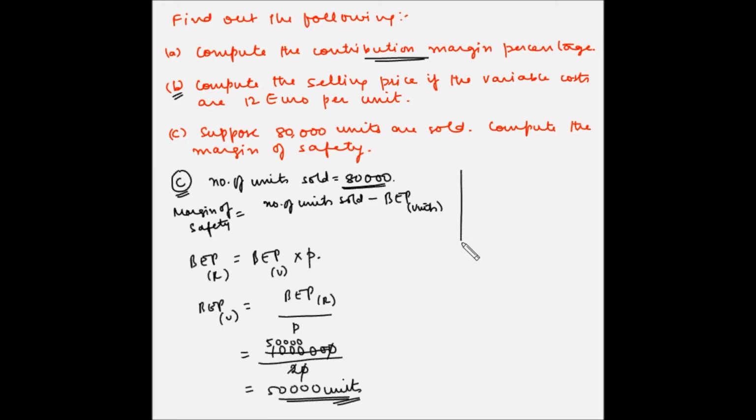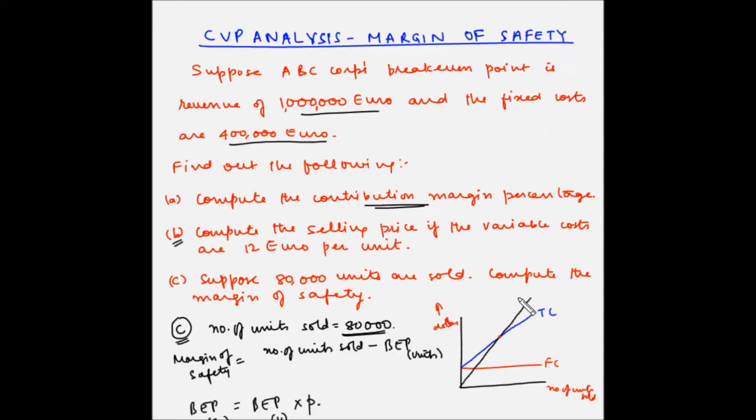So as we had seen in the graph, let's say this is the fixed cost, this is the total cost, and this is the total revenue. On the x-axis we have the number of units sold, and on the y-axis we have the dollars. So this point where the total revenue is same as the total cost is the break-even point.